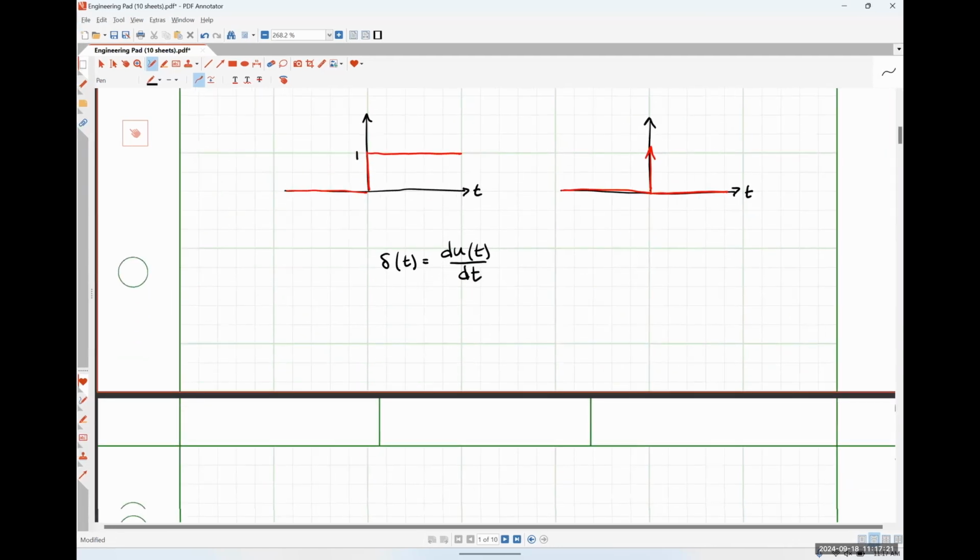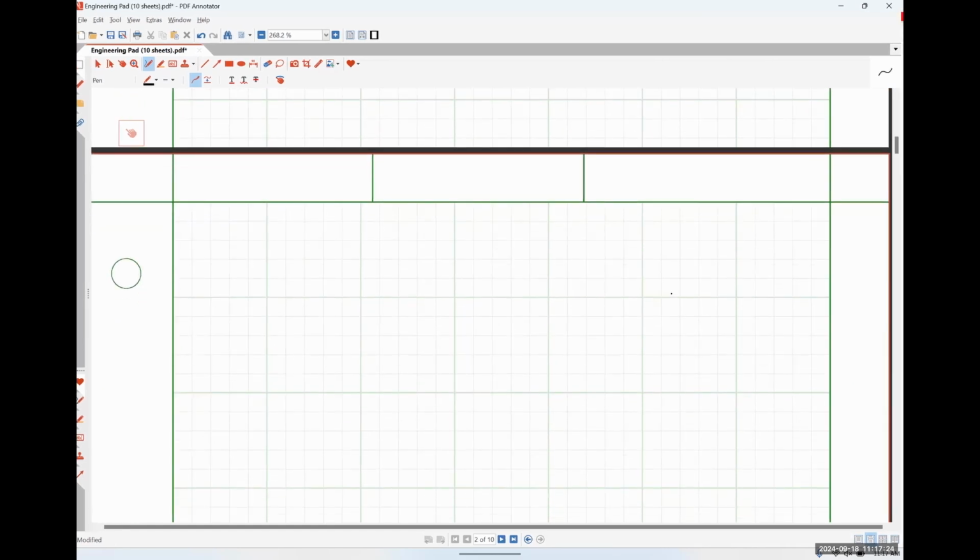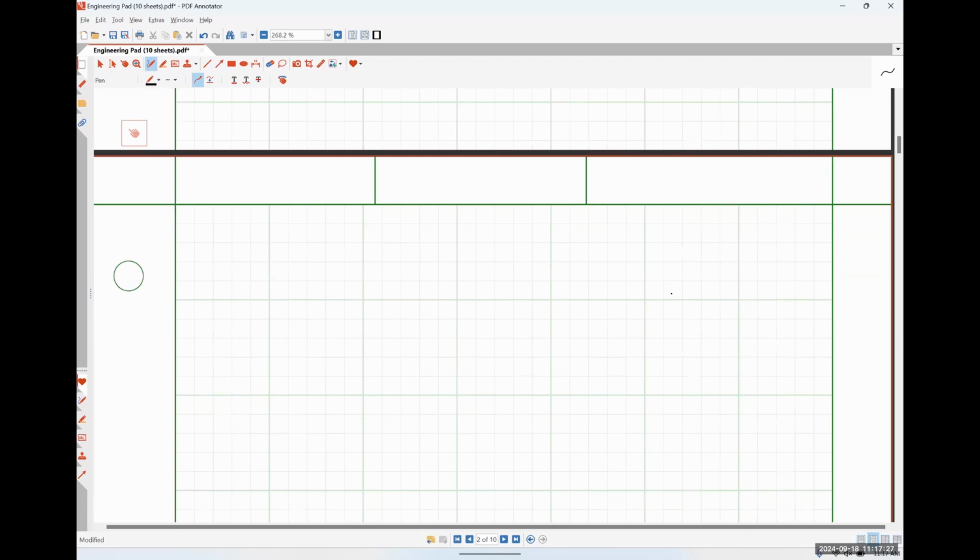So if we have some function f of t multiplied by a delta function, and we take the integral of that with respect to time over some interval from a to b, then what we'll wind up getting is our function evaluated at exactly t equal to 0.